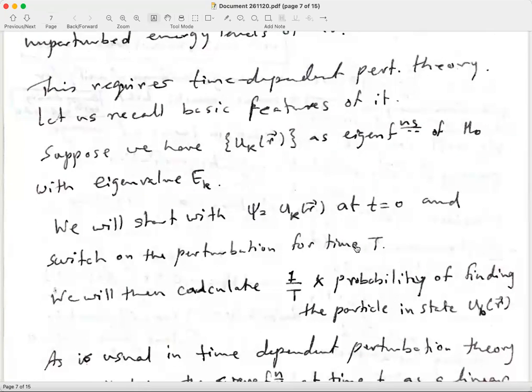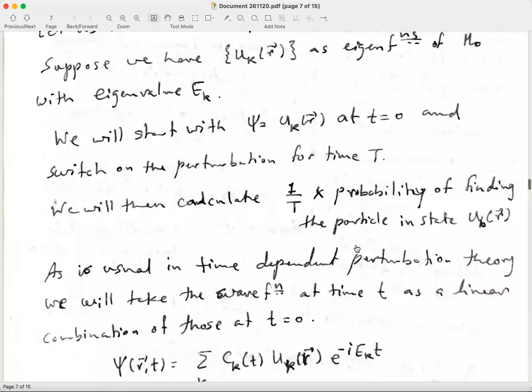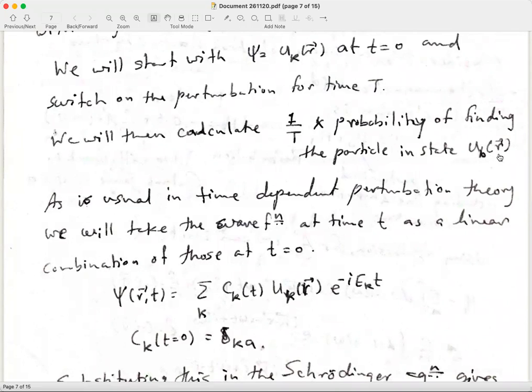What we want to do is compute the probability of finding the particle in some other state, say some u_p of r. We of course want to normalize that by asking what is the probability of finding that per unit time of turning on a perturbation.